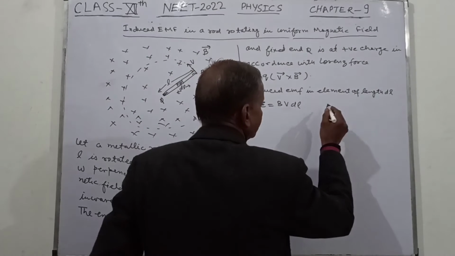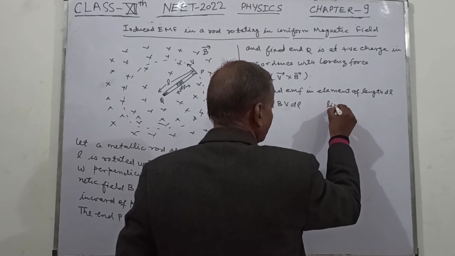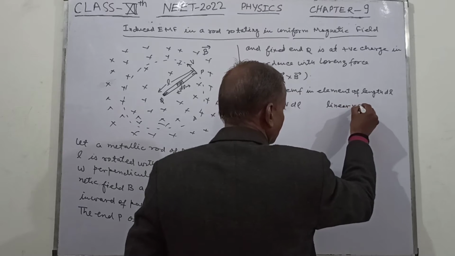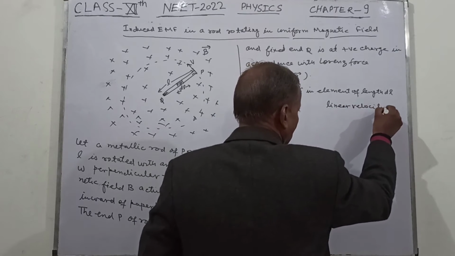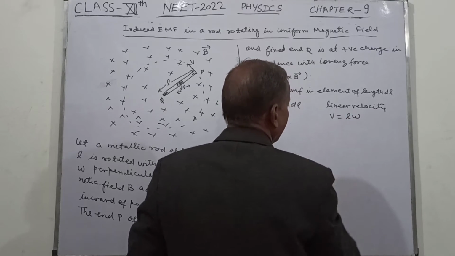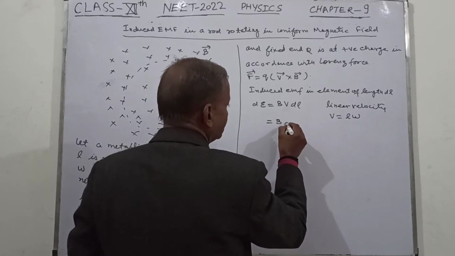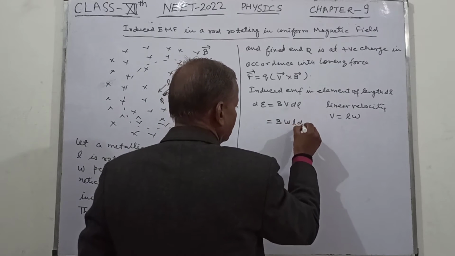Now this linear velocity v is equal to l omega. So we will write this as B omega l dl.